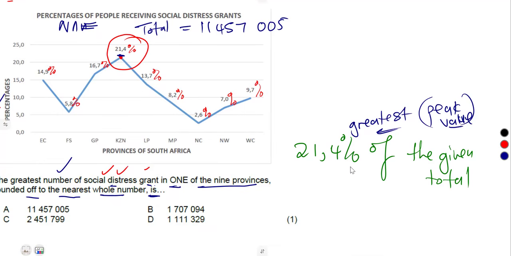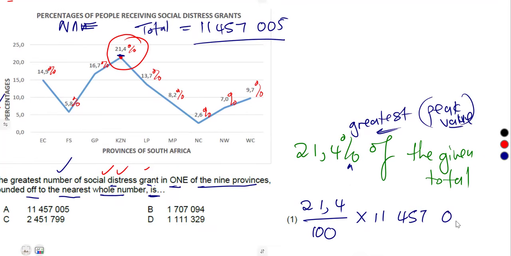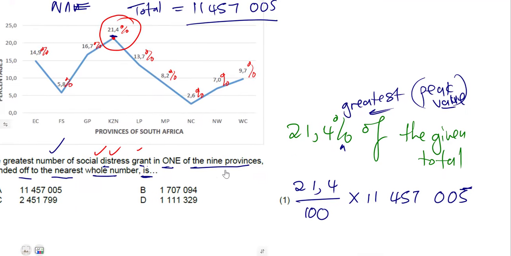Remember how to get rid of the percentage: divide by 100. So that's 21.4 over 100, multiplied by the total number that we are given, 1,457,005. So here it is just you and your calculator. But remember, they said round off to the nearest whole number.